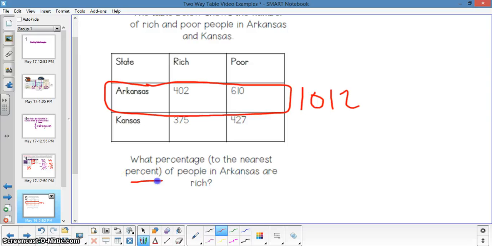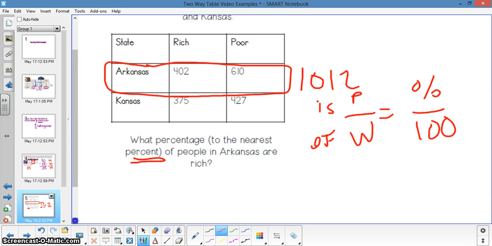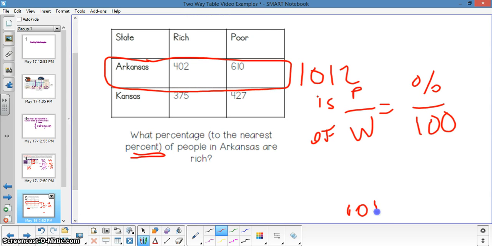Percent is the key word there, so I can make a percent proportion. Percent always goes over 100 and part over whole or is of. So let's just fill in what we have. The whole amount surveyed from Arkansas was 1,012, so that's my denominator.